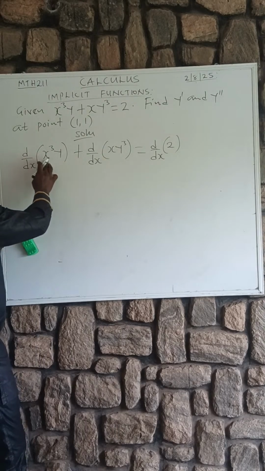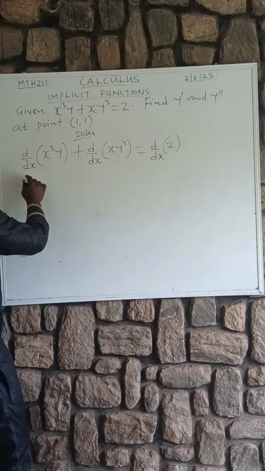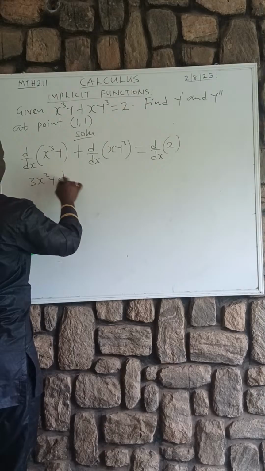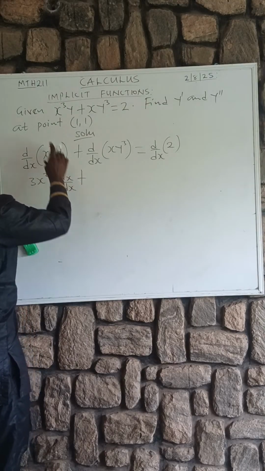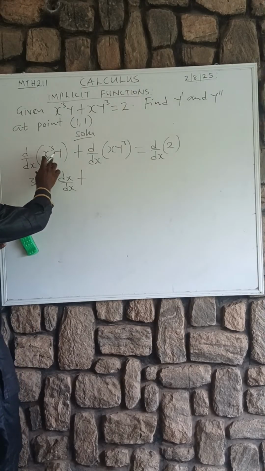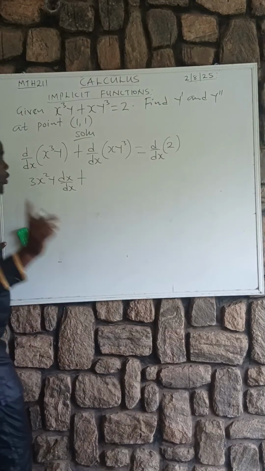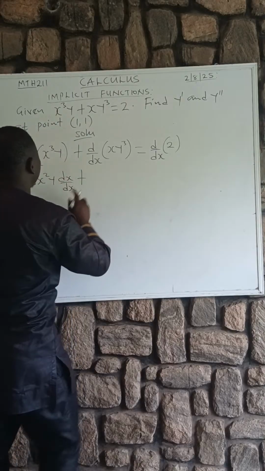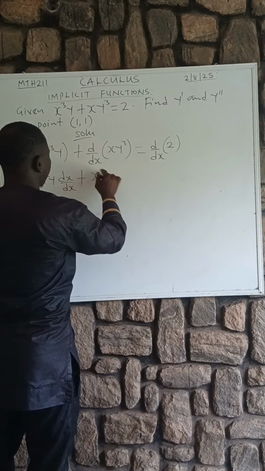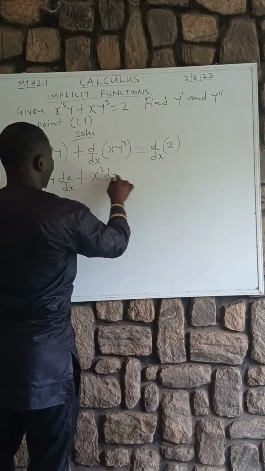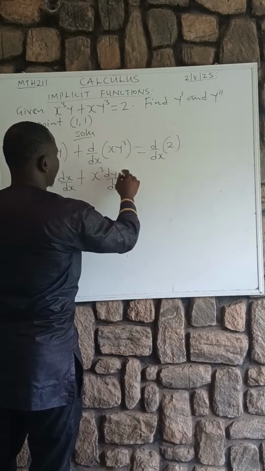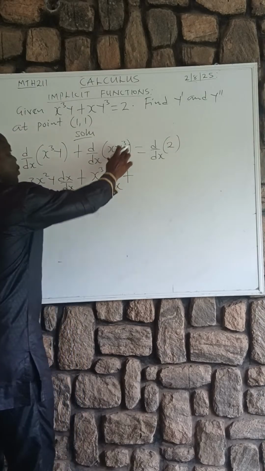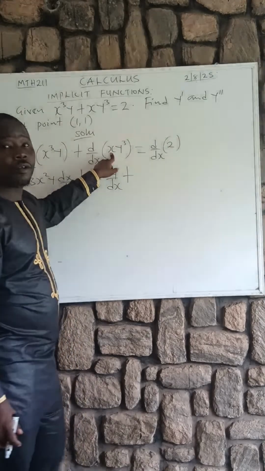We are going to have 3x squared times y, so it will be 3x squared y dx/dx, then plus, holding 3x cubed, differentiate y, 1, right? So 1 times x cubed dy/dx.